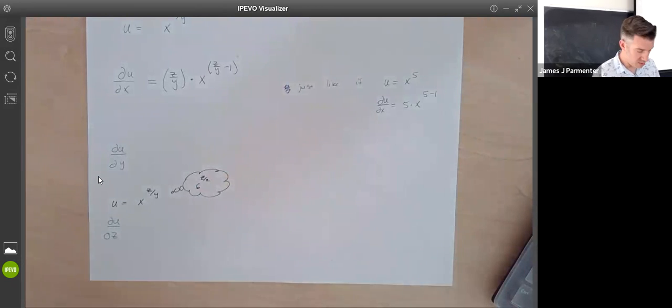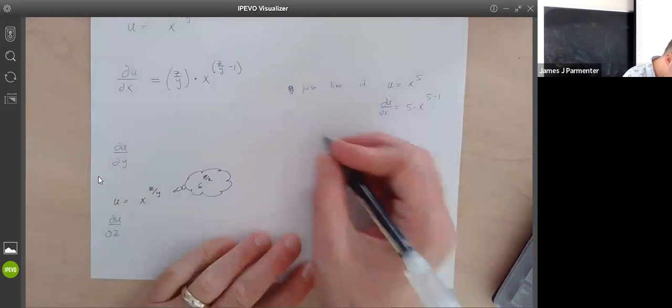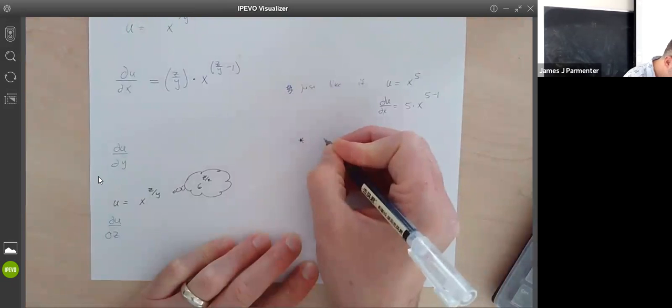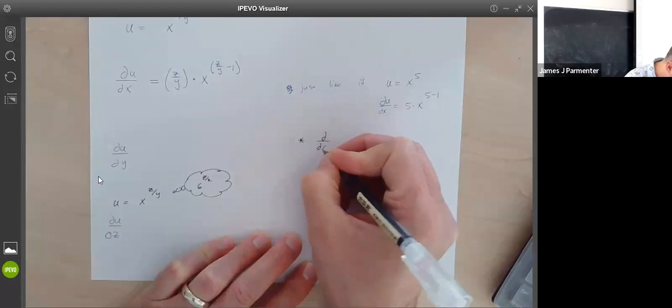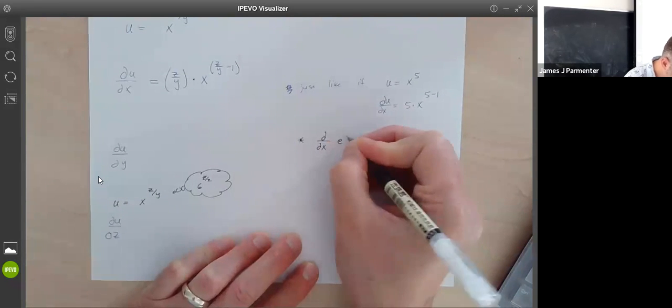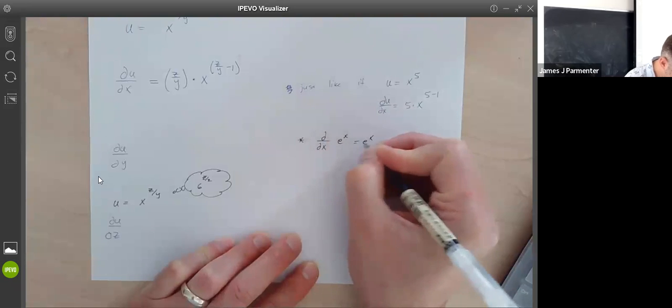And so when I do that, how do we take the derivative of 6 to the z? That's most of it, but then there's a little bit more. In general, if you're taking the derivative of e to the x, it's e to the x.